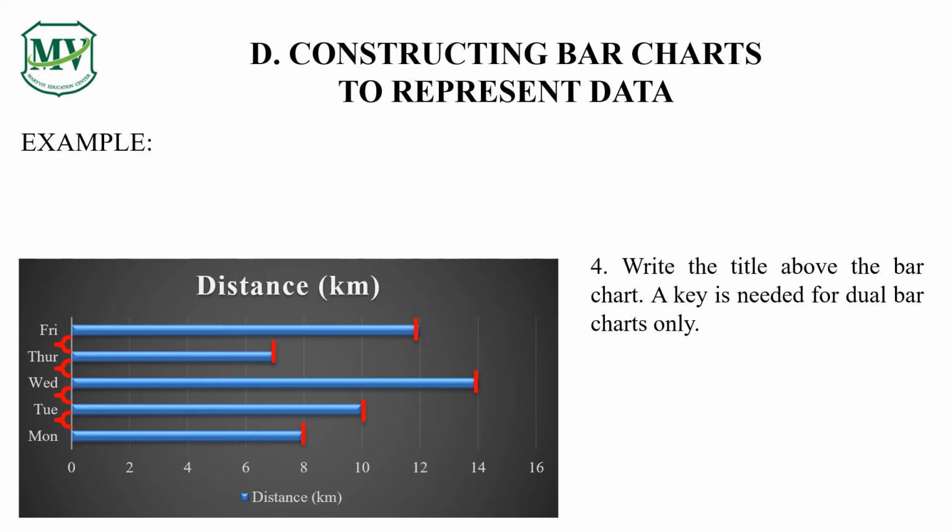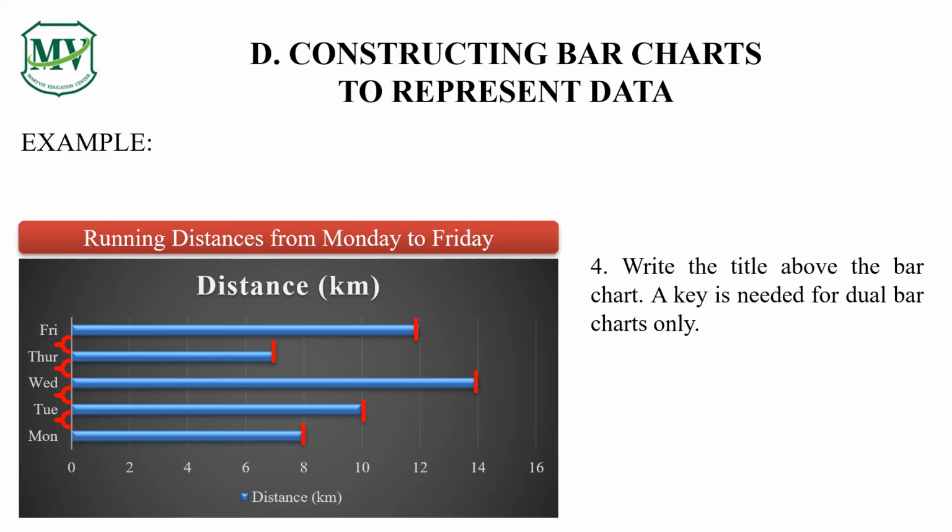Step number 4. Write the title above the bar chart. A key is needed for dual bar charts only. So since we are using a horizontal bar chart, we don't need a key, only the title. So the title of this bar chart is Running Distances from Monday to Friday.